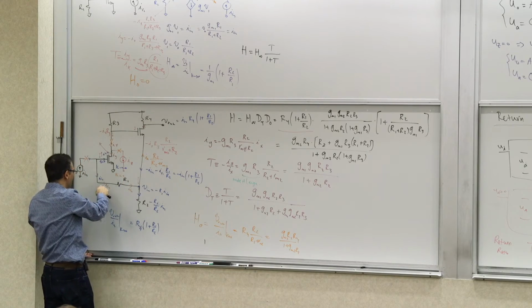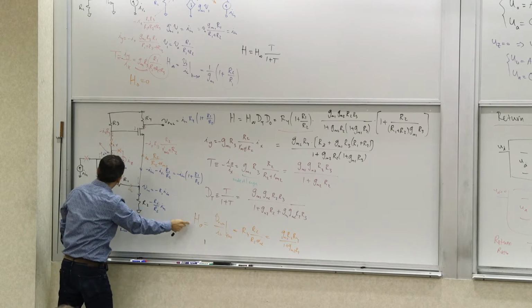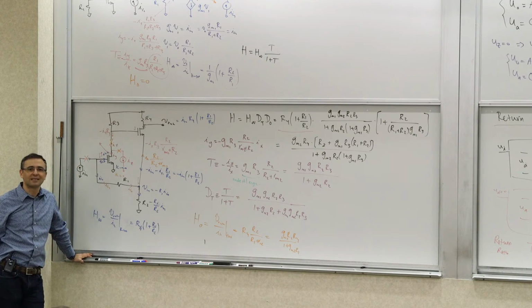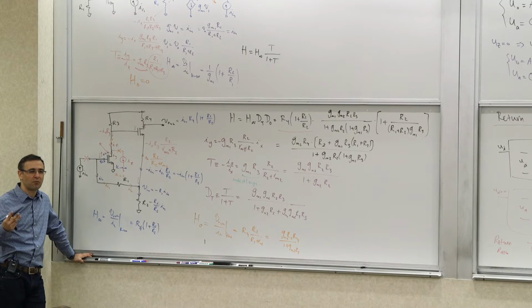And interestingly, for the direct forward transfer calculation, when we went from here to there, it was actually in common gate. So the same transistor is viewed in three different configurations for these three different calculations.